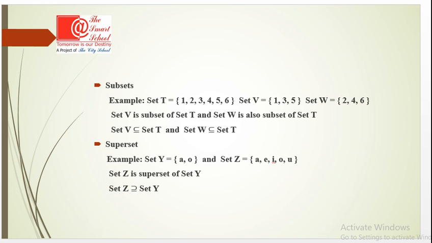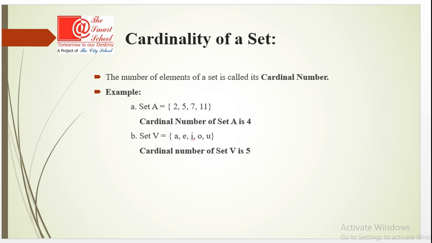Now we will come to the last point of today's lesson, which is cardinality of a set. The number of elements of a set is called its cardinal number. Means we will just count the elements, and whatever the number of elements, that is called its cardinality. For example, set A has members or elements 2, 5, 7 and 11.